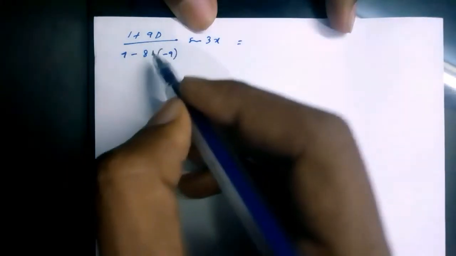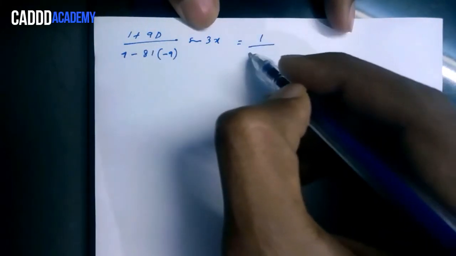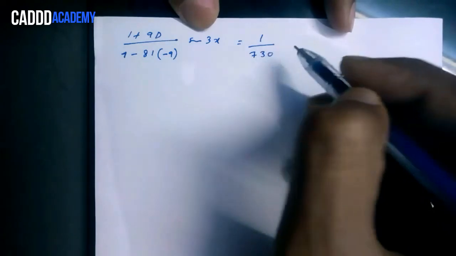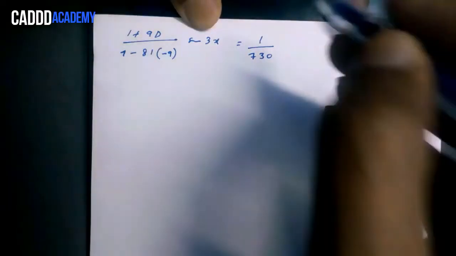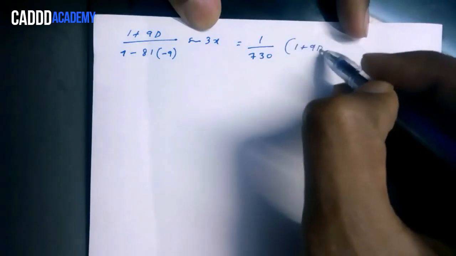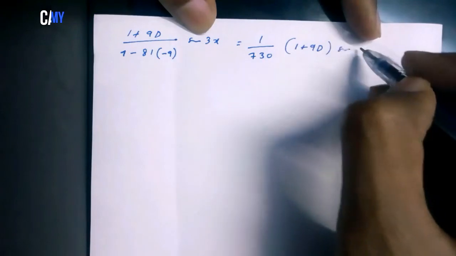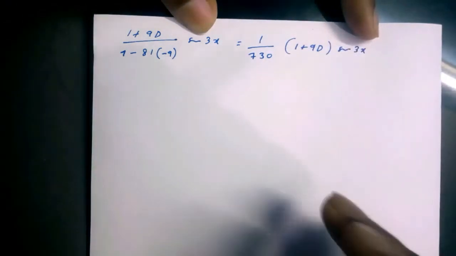The constant comes outside, and we will have 1 by 730 times (1 plus 9D) multiplied with sin 3x.